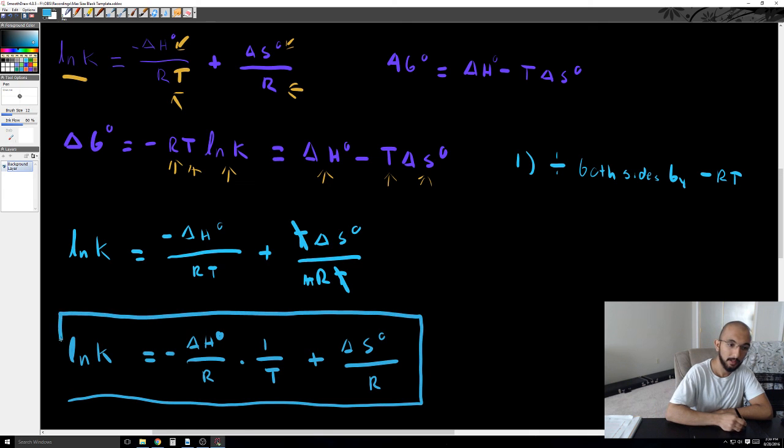This is what we expect, and you can see all the components are in the right place, and that's how you derive the Van 't Hoff equation. Now hopefully you have a rudimentary understanding of graphs and algebra, and you can use that to pull out valuable terms from this equation if you're given a graph.